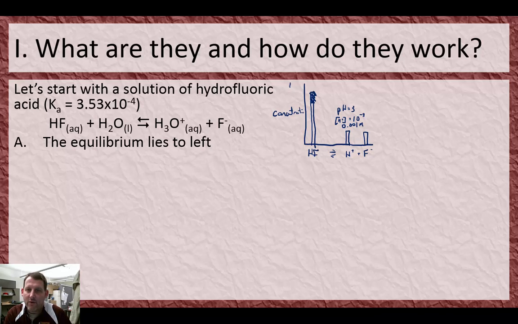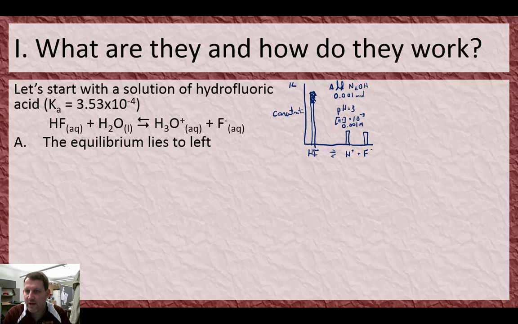And if we have, I don't know, a 1 liter solution, that's 0.001 moles of H plus to make this pH. So what if we add NaOH? And specifically, what if we add 0.001 moles of NaOH? Well, we know in a 1 liter solution we have 0.001 moles of H plus because our pH is a 3.